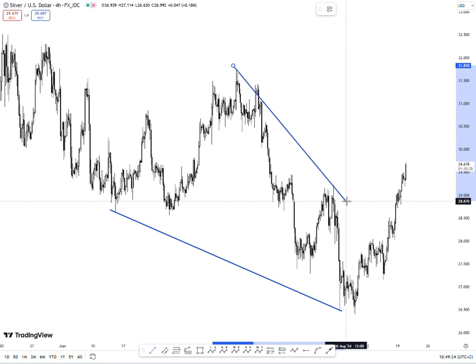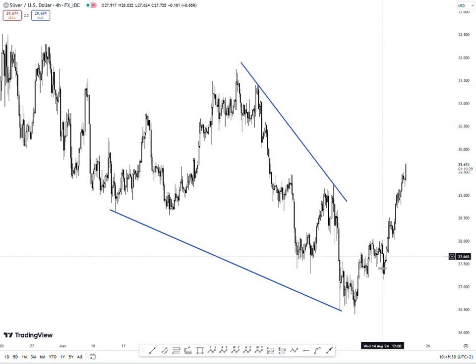You can see that clearly this is a corrective pattern, and then you can see clearly this part is an ABC subdivision, ABC expanded flag, and then you see a completion of a 1, 2, 3, 4, 5.